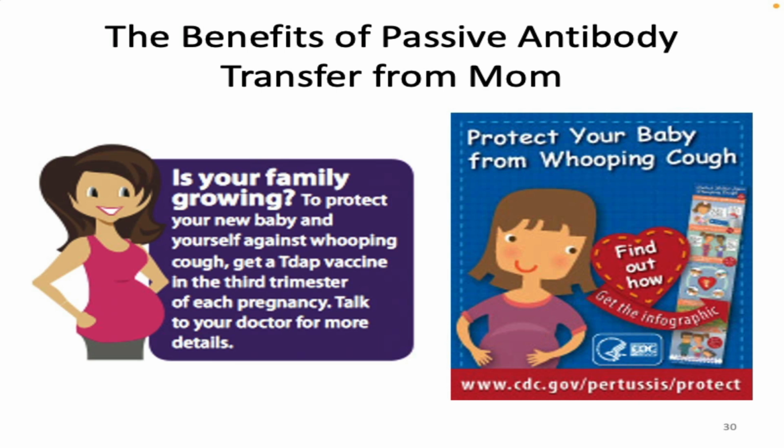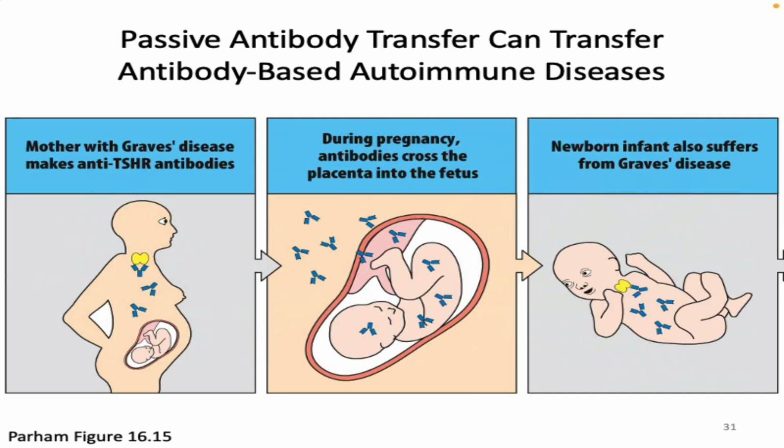One other, and this really is an example of passive antibody transfer. I told you also about passive antibody transfer as a treatment in some situations. There is also one other sort of passive antibody transfer situation that I will mention, which is that there are some autoimmune diseases that are driven by antibodies.